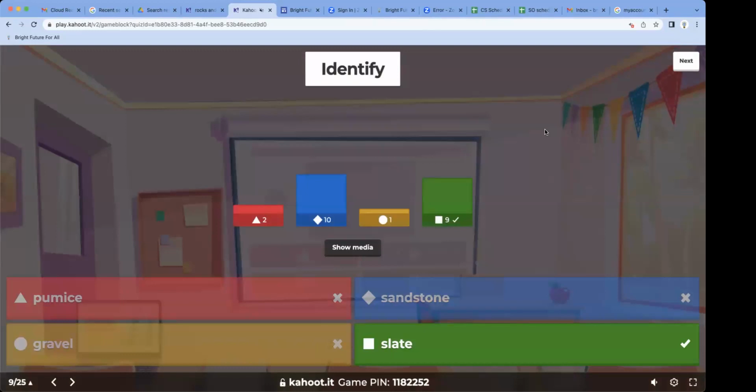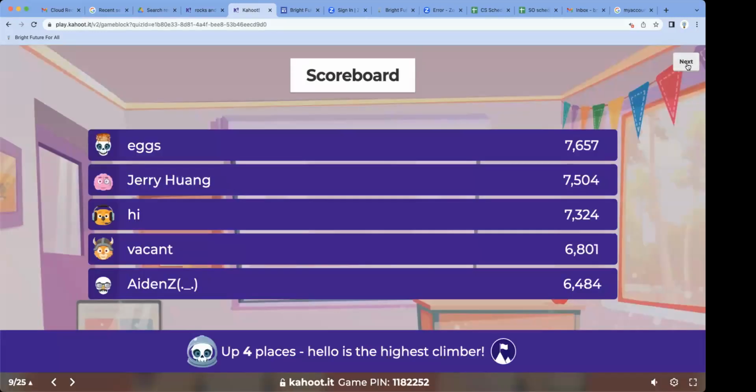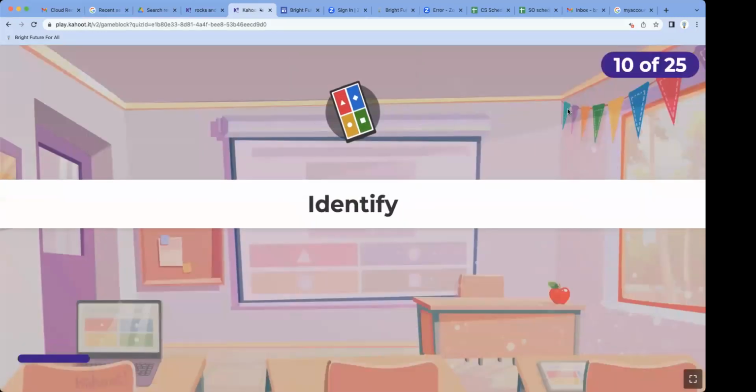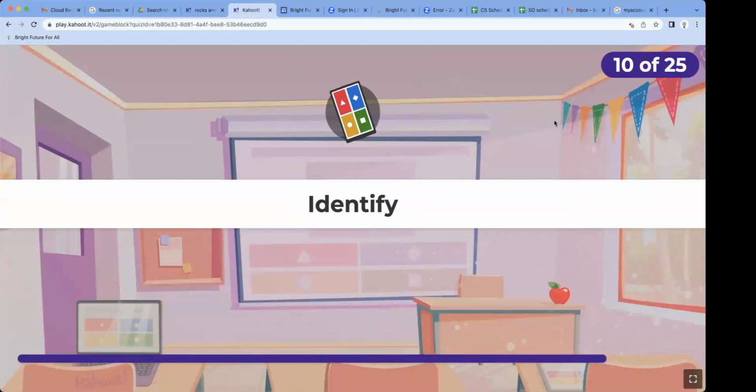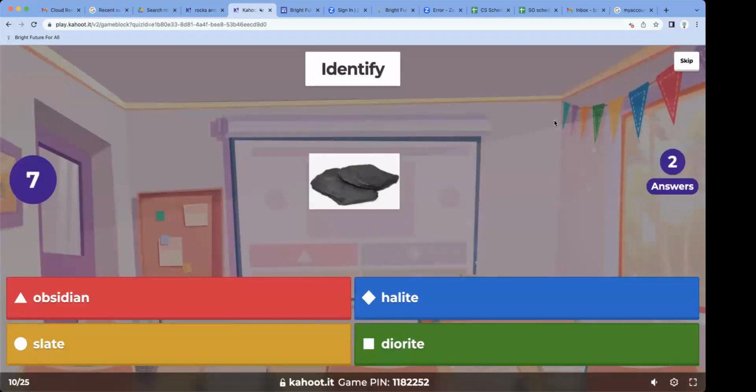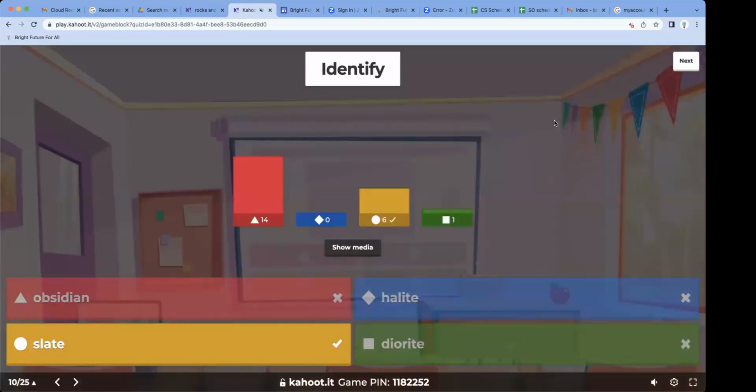Yeah, so it's slate. So like in the poster, slate was shown as red, but it can actually be both red and gray. So this was the gray variation. It's not sandstone. Yeah, so this one is slate.